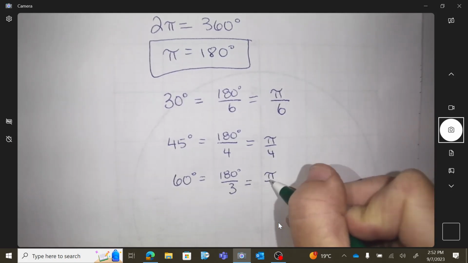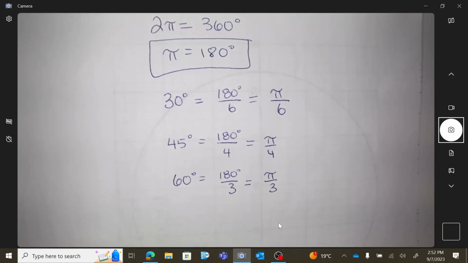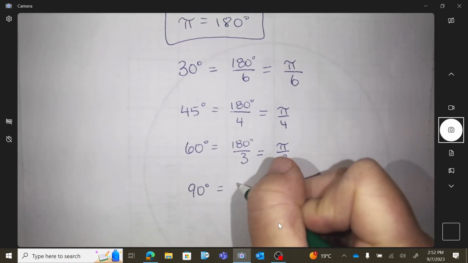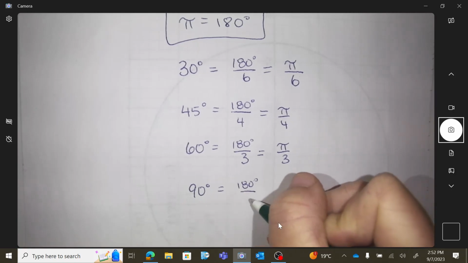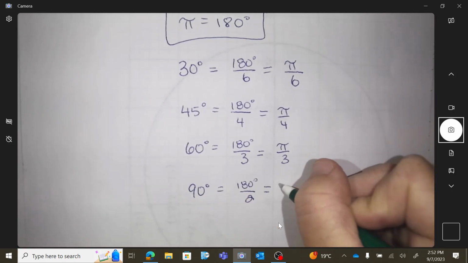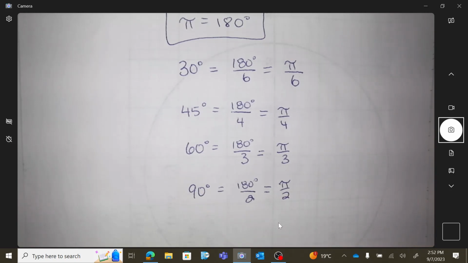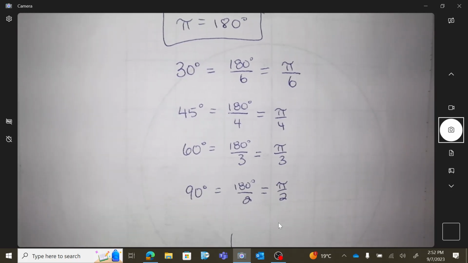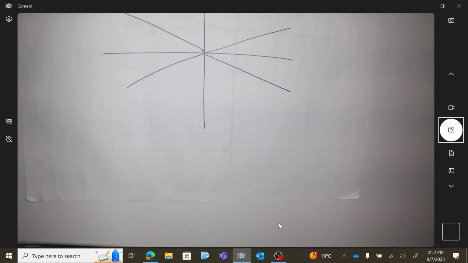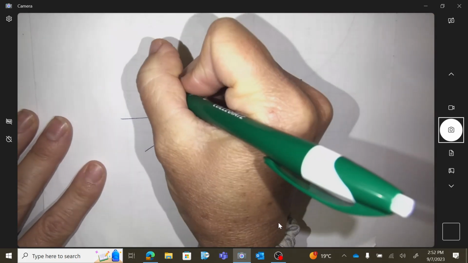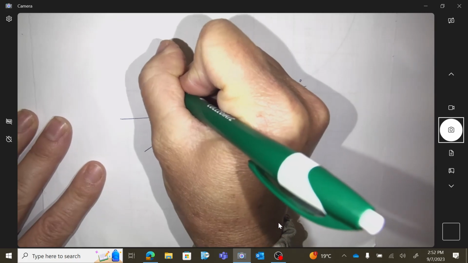So in radians, it would be pi over 3. And 90 degrees is 180 over 2. So then that would be pi over 2. Just watch, don't even worry about writing anything down.